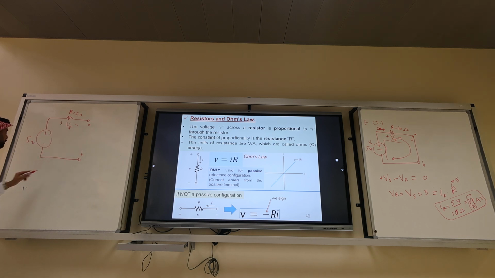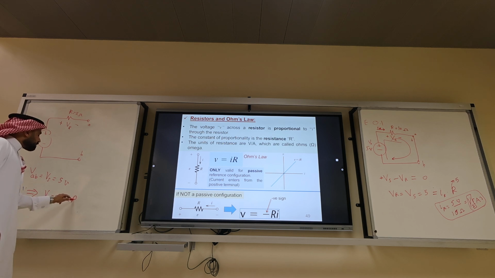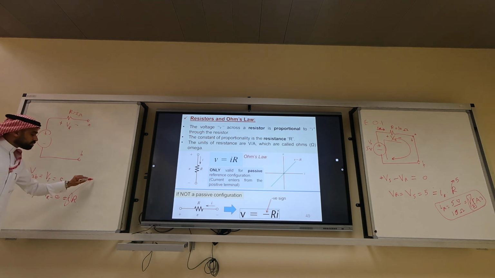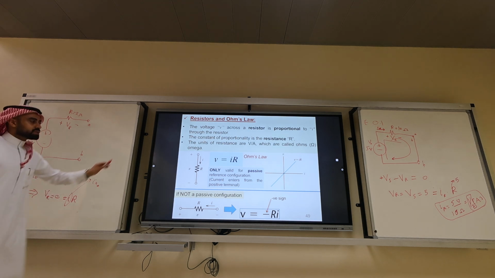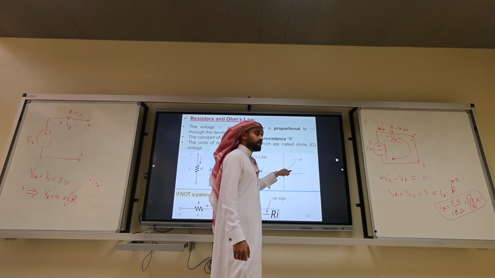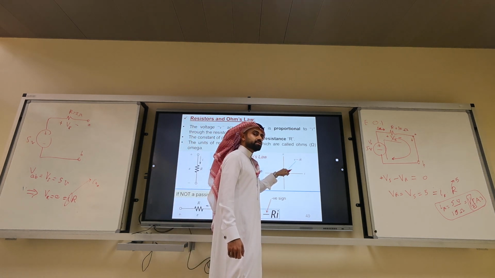We did a KVL and we noticed that VAB equals VS equals 5 volts. This implies that VR equal to 0 because there is no current flowing through it, which is equal to I times R. So what is I in this case? I is 0. This means because the voltage is 0 across the R, the current is 0.